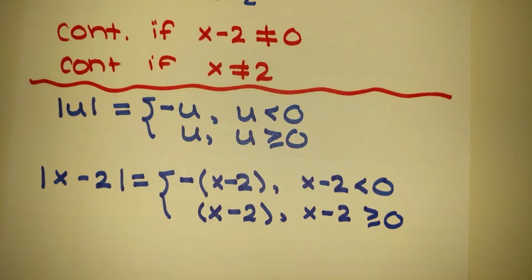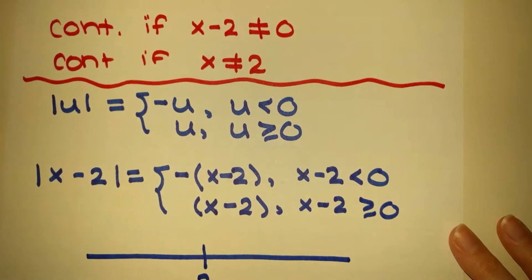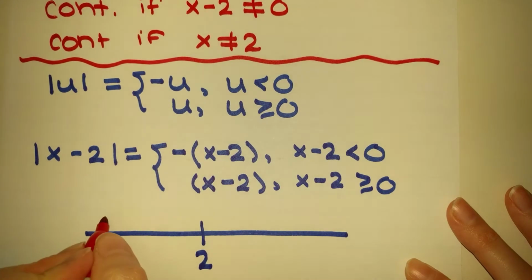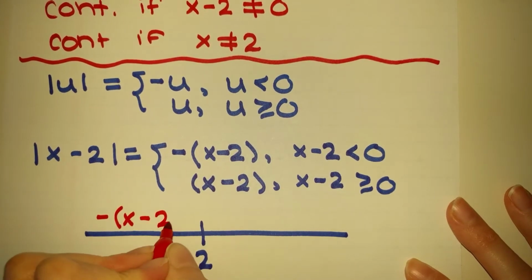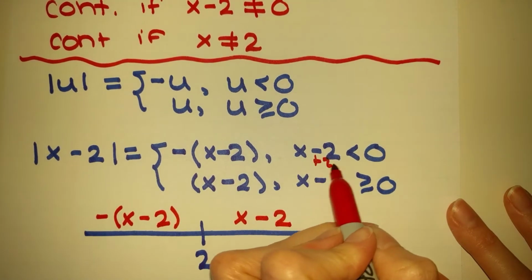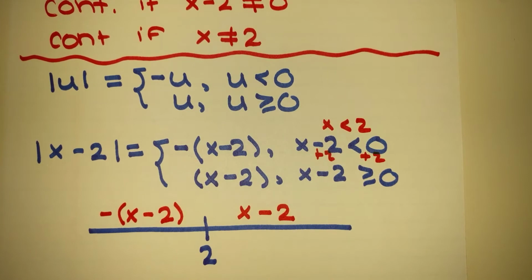Now, the problem here is, if you look at the little piecewise function, to the left and to the right of 2, we have different definitions. So it's not going to be that something just automatically cancels out, because at this split point, which again, if you add 2 to both sides, you would get x is less than 2, at that split point, we've got to really think about what is happening.